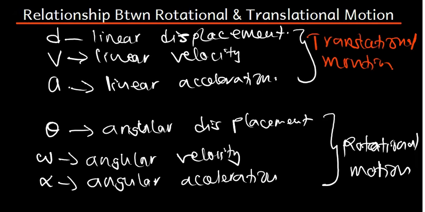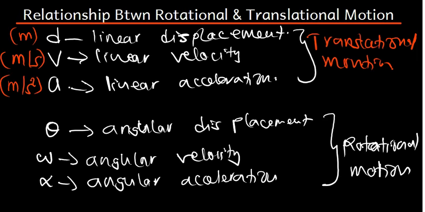Now, what we have to understand is that when you are talking about linear motion, for the linear displacement, the SI unit is meters. That is also very important. We have to know the linear velocity, the SI unit is meter per second. The linear acceleration, the SI unit is meter per second squared.